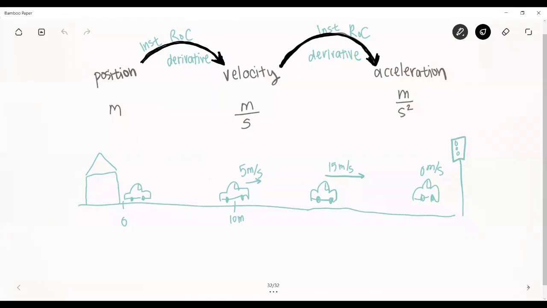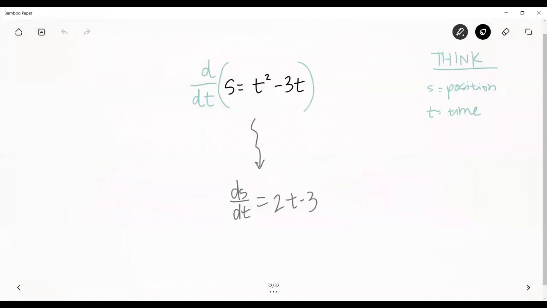So the fact that I just took the derivative of position means I have found my velocity function. Now, your task is to find the acceleration function.